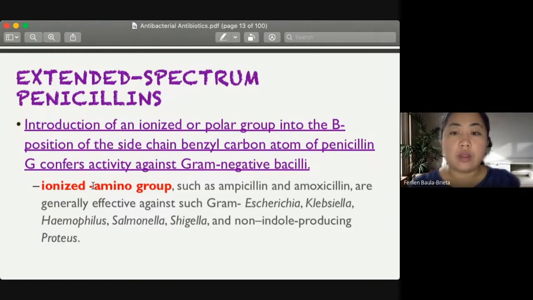The addition of amino, and amino is an ionized polar group. The same thing with ampicillin. So you have added amino in our structure.